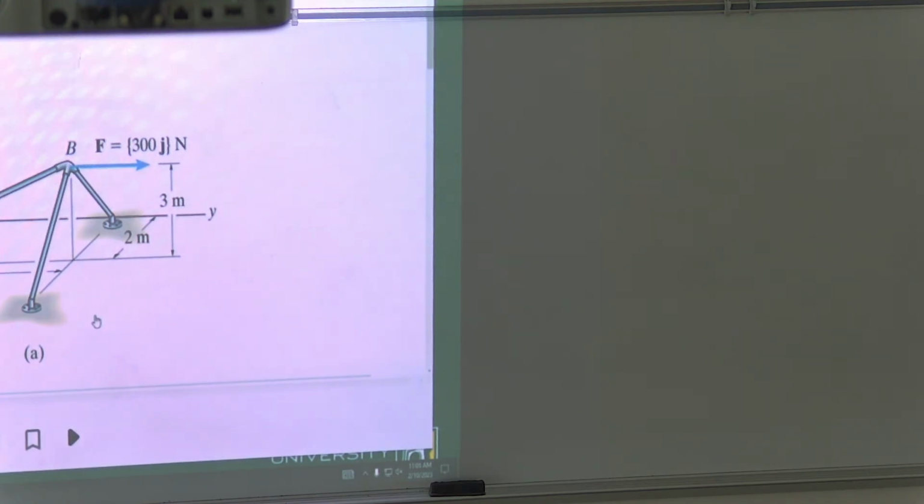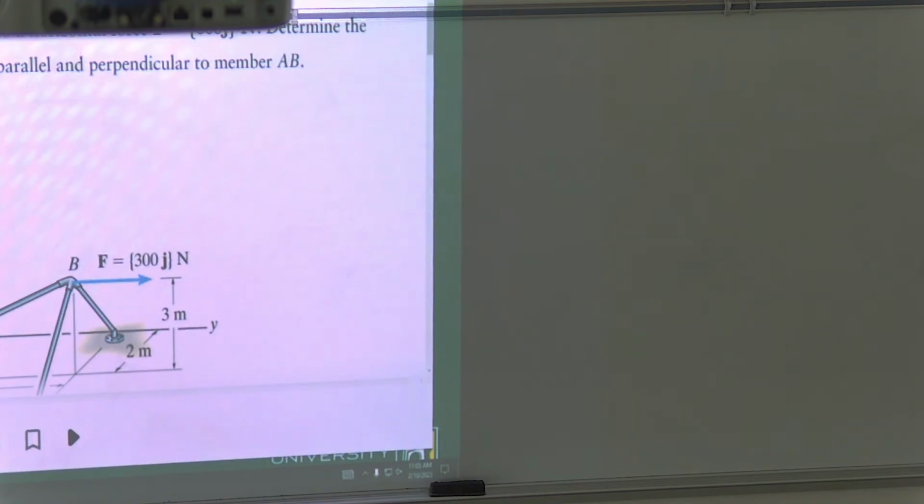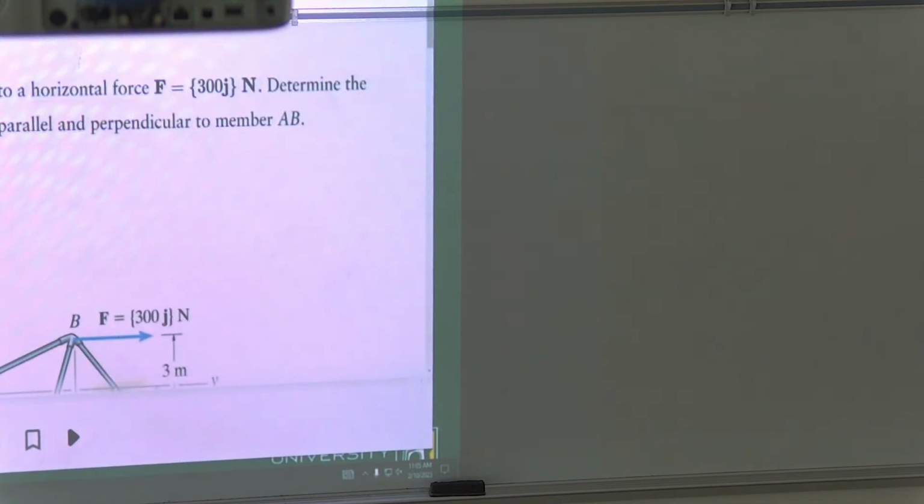First, let's find out what he's asking. The frame is shown in that picture. Determine the magnitudes of the component parallel and perpendicular to AB. So we want to know parallel and down the member and perpendicular to it.